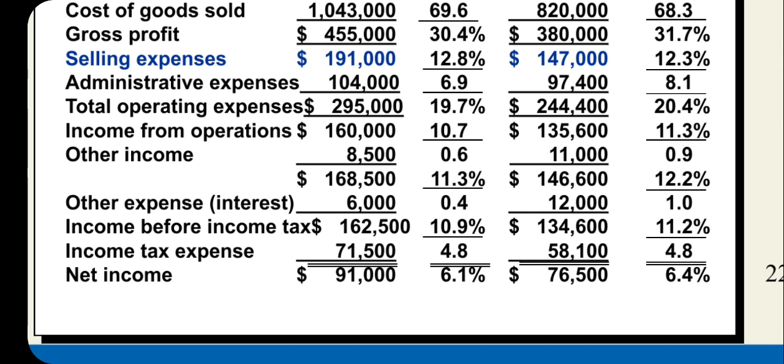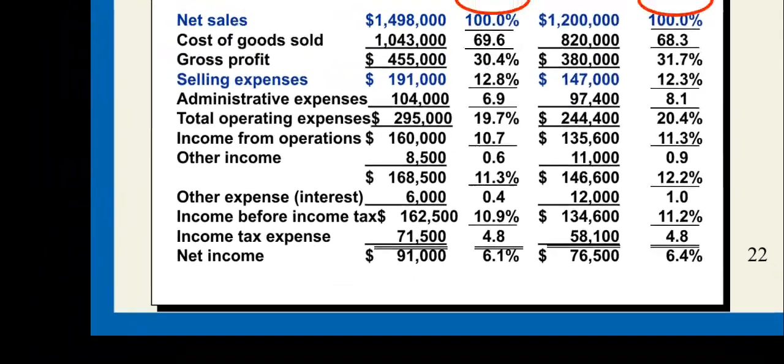So now, after you do this analysis, can you say the business is getting better in terms of performance? No, we cannot say that the business is getting better in terms of performance. Maybe the business is getting worse. Why do we say that?